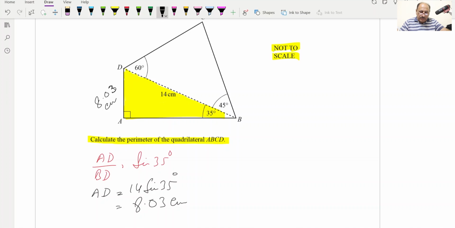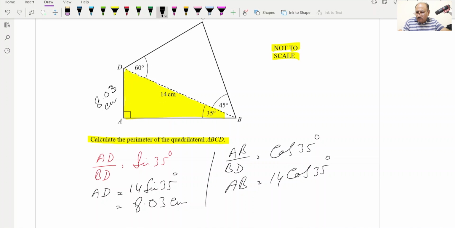Now we can find this side also, and this side is AB. We can write AB over BD is equal to cos of 35 degrees. So AB is equal to BD, which is 14, so 14 cos of 35 degrees.